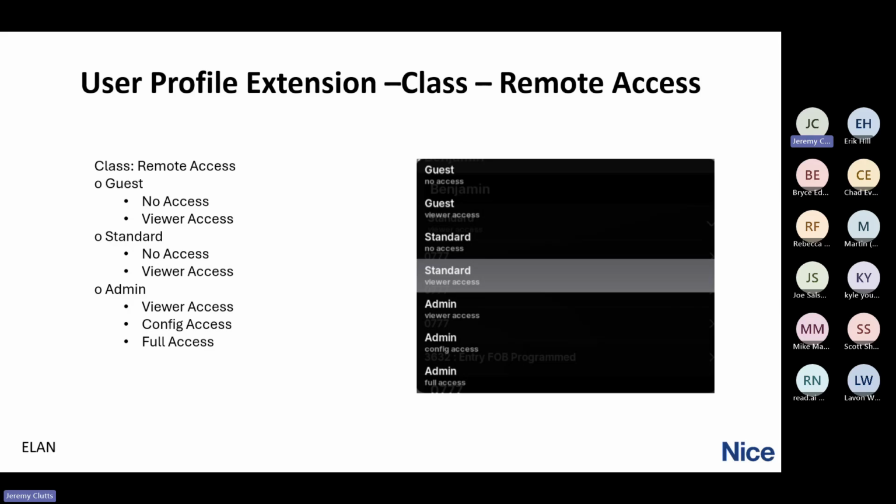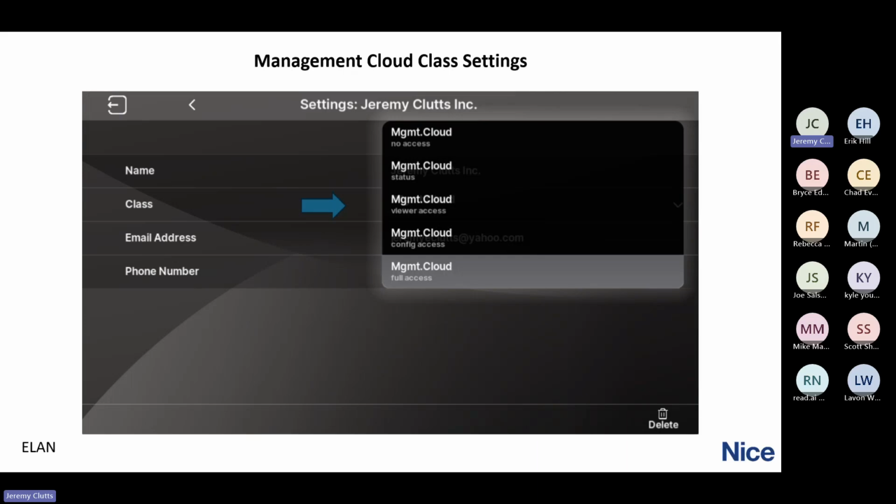That being said, I want to talk about the next part here. Management Cloud access. That is your 4th class. When you log into Management Cloud and set up a location, you will use an admin password to verify that location. Once that admin password is used, Management Cloud will create its own encrypted, non-viewable password that is hidden in the back.